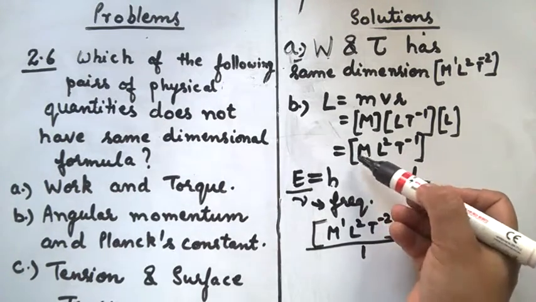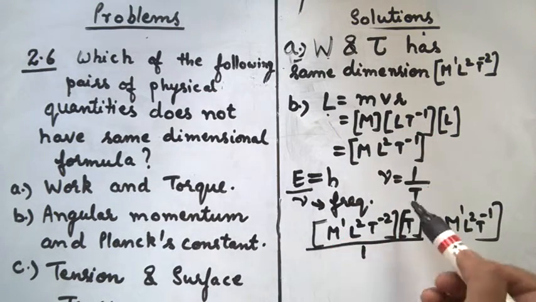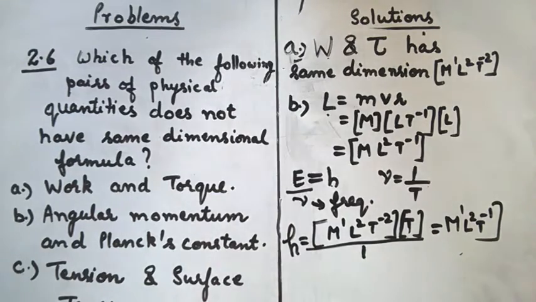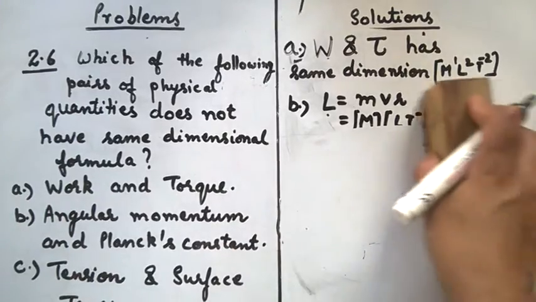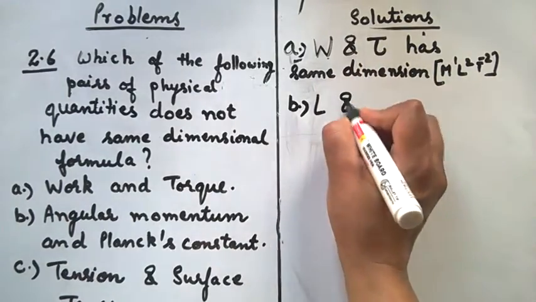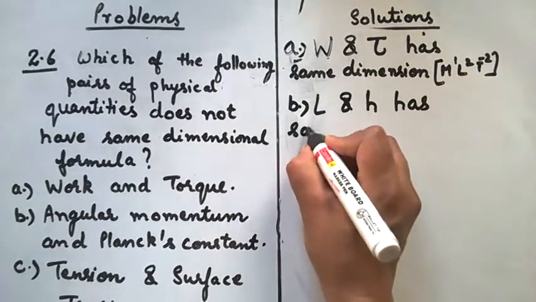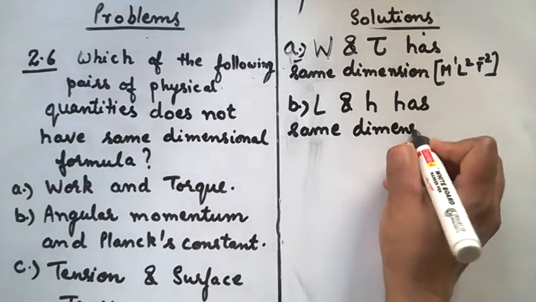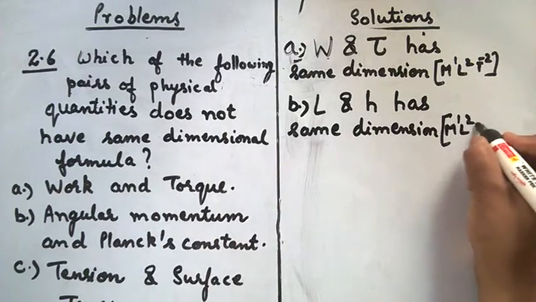We can see that angular momentum is similar to Planck's constant, and it is equal to m1 L2 T minus 1.